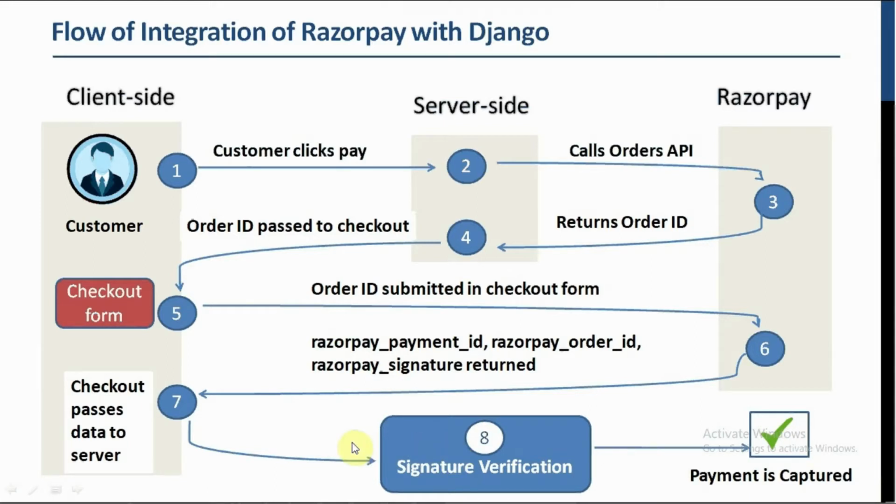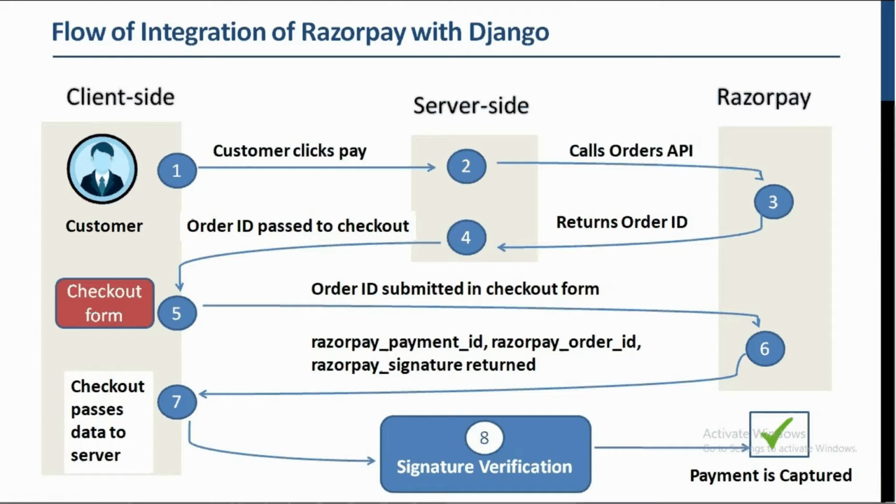For a successful payment, you will save the Razorpay payment ID for the corresponding order of the customer, and you will mark the payment as successful in the database table for the order. Before saving this data returned by the checkout form, you need to check the authenticity of the data using the Razorpay signature.